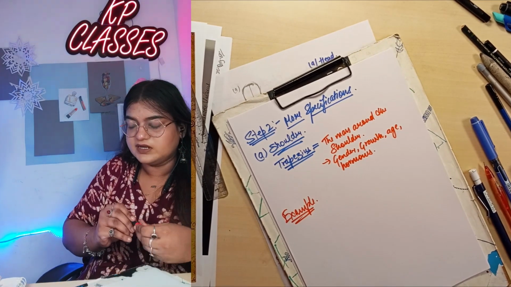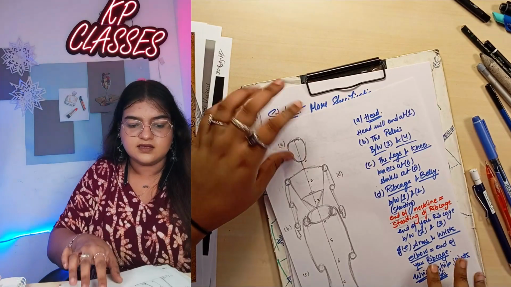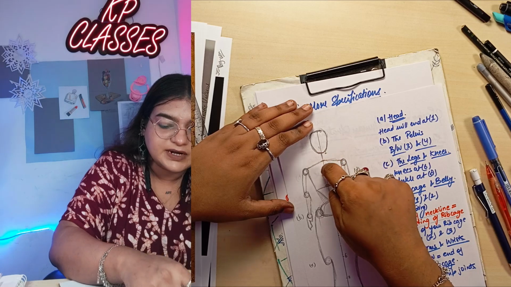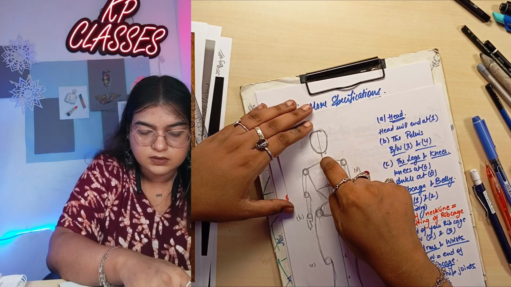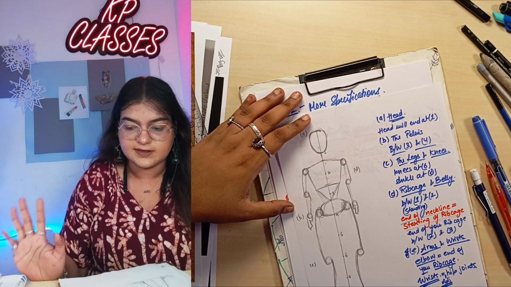So before example, as we discussed in your previous image, where will our shoulder lie? Between 1 and 2. Okay. End of your neckline and sideways. Right?